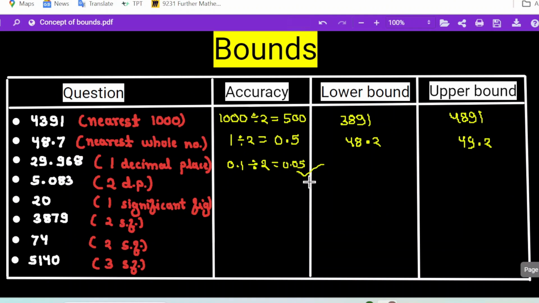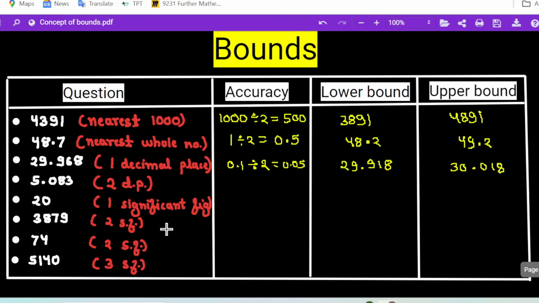Now this is the accuracy that you need to subtract and add, right? So 29.968 minus 0.05 gets you 29.918. And if we add 0.05, it will get you 30.018.